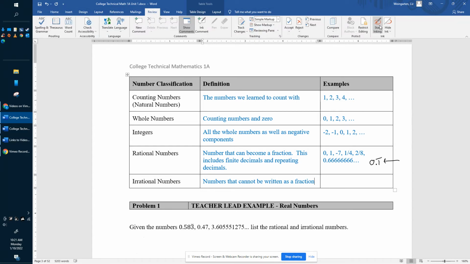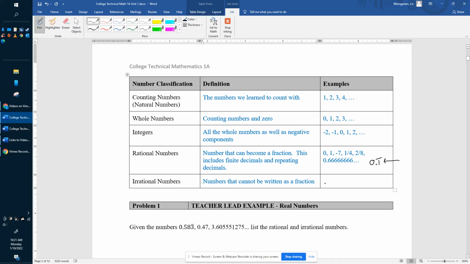And those include numbers like pi, e, like I talked about before, square root of 2, or any number that just goes on forever.